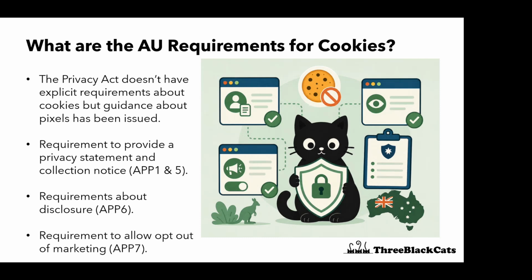So in Australia, we have to provide people, again, a privacy statement or policy sometimes, and we have to give a transparent collection notice before we collect the information. So that is where the cookie banners are coming in for Australia, that requirement for it to be before it's collected, okay, being transparent.